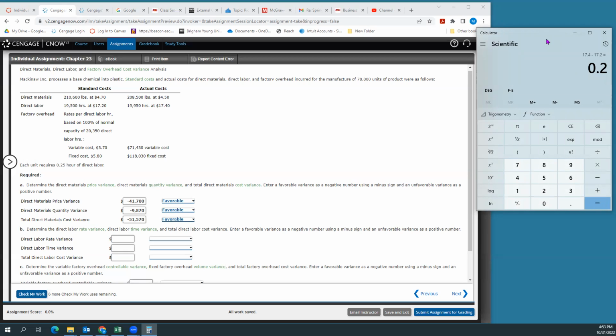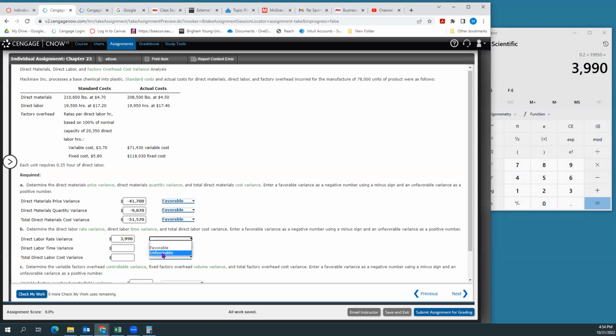Then we multiply that by our actual hours, which were 19,950 hours. So we have a $3,990 unfavorable direct labor rate variance. That means it cost us $3,990 more for direct labor because our actual rate was higher than our standard rate.